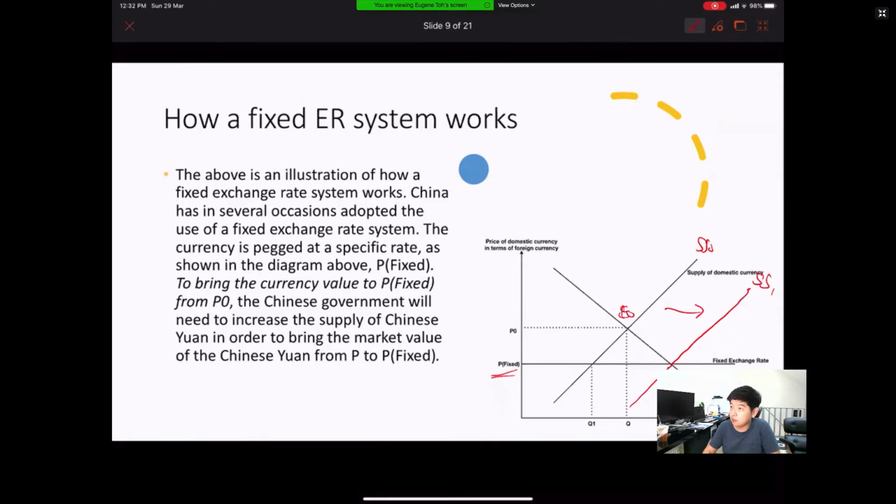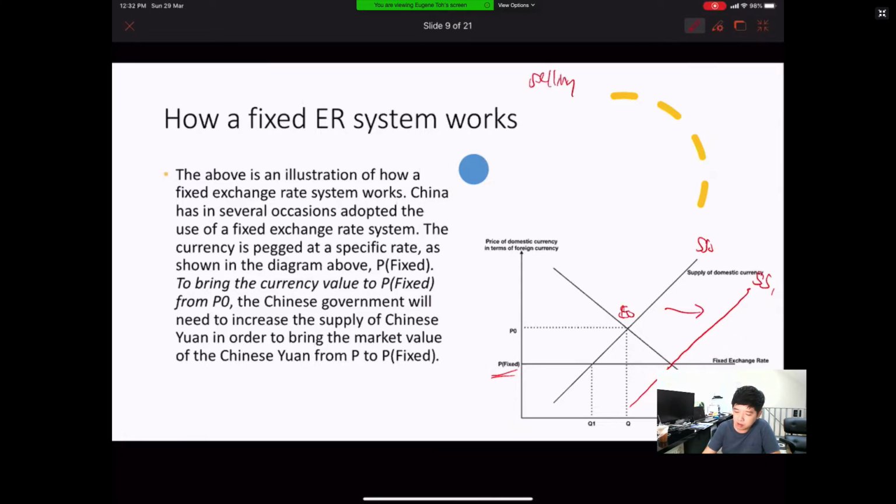Now, increasing supply means you are selling domestic currency. If you're wondering what it means to sell domestic currency, I want you to imagine the foreign exchange market.